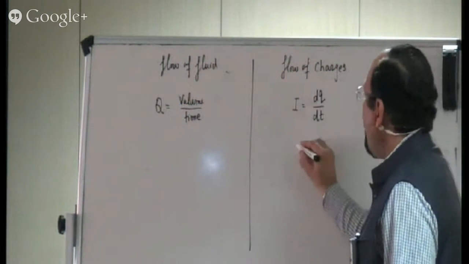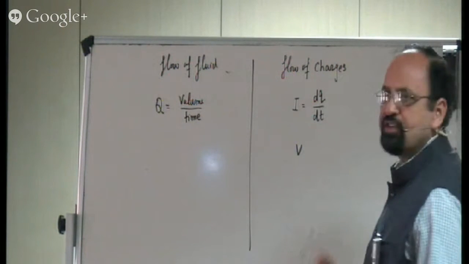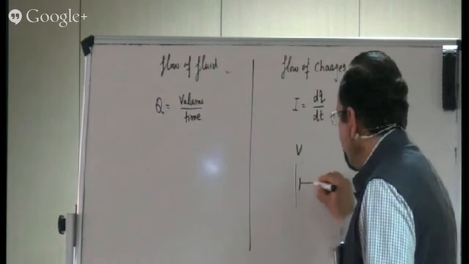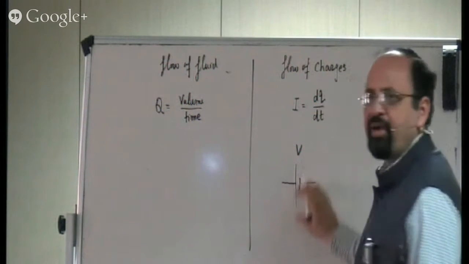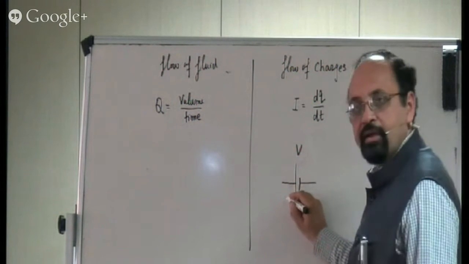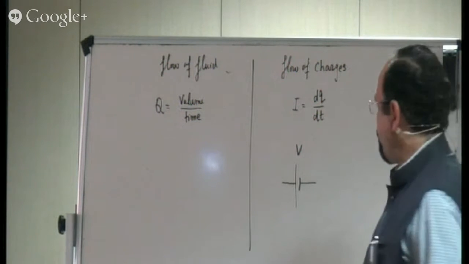In this case, we have potential difference that of course is given by a cell. If I make a cell like this, or maybe a battery where there's a combination of cells, the bigger side means the high potential and the smaller side indicates the lower potential.